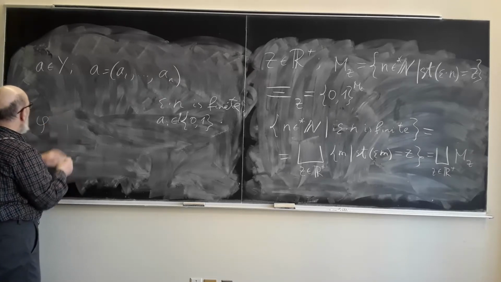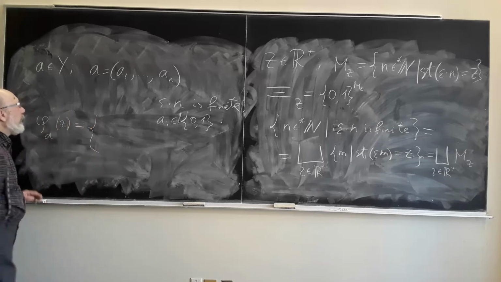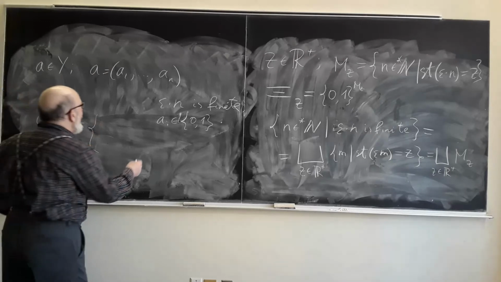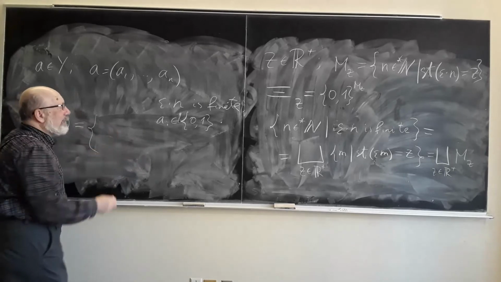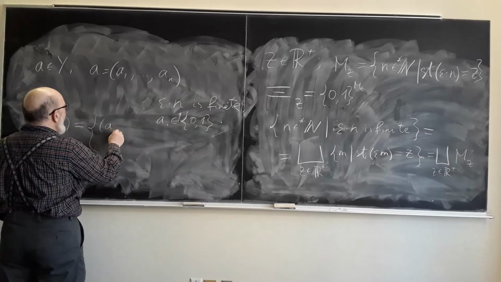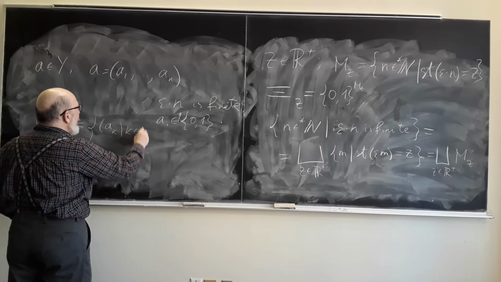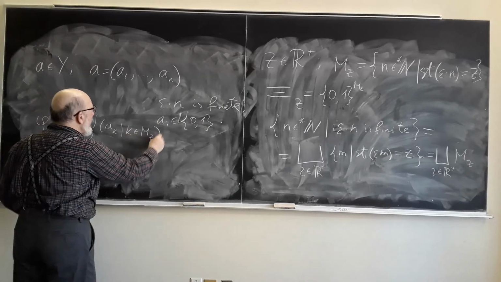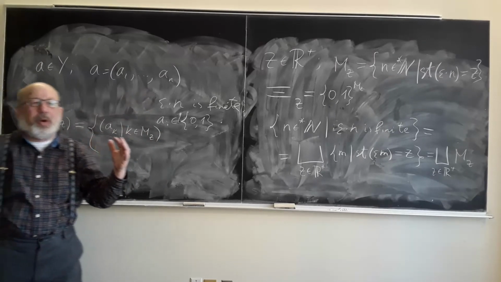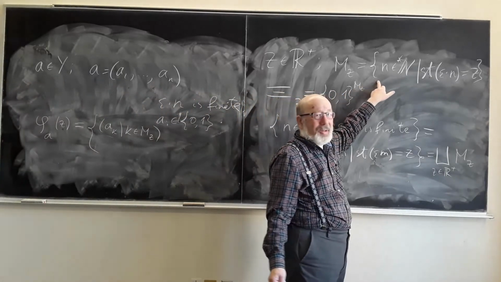Let me write phi A of z is the following: AK such that K is in MZ. So out of all this sequence, we take only the part where the indices are in this set MZ.